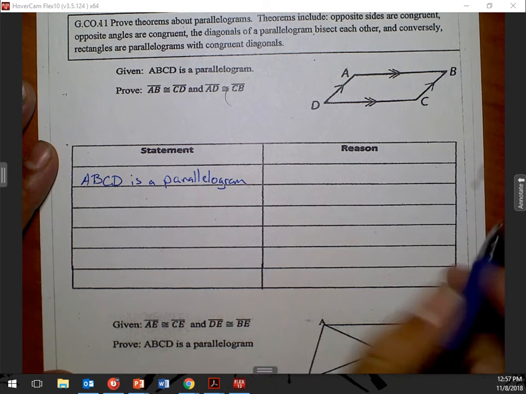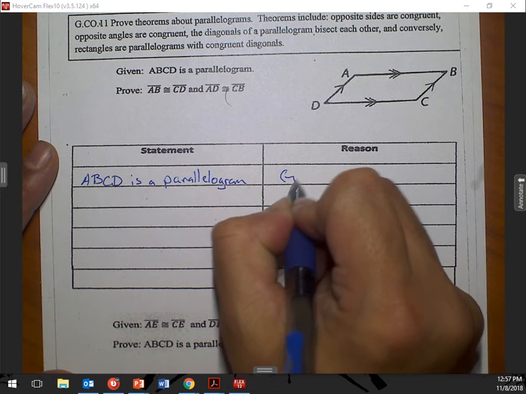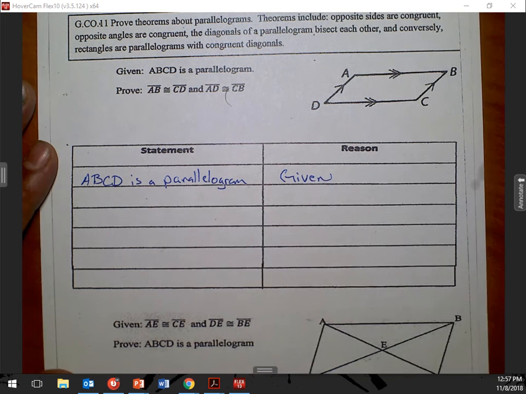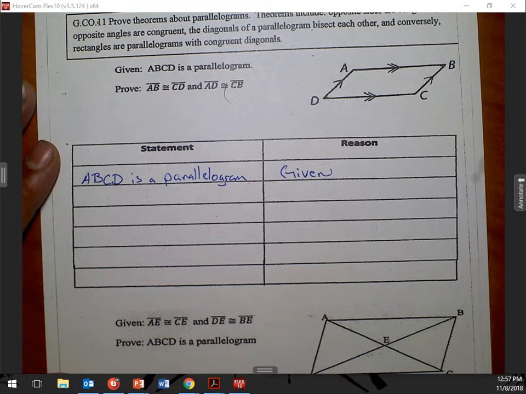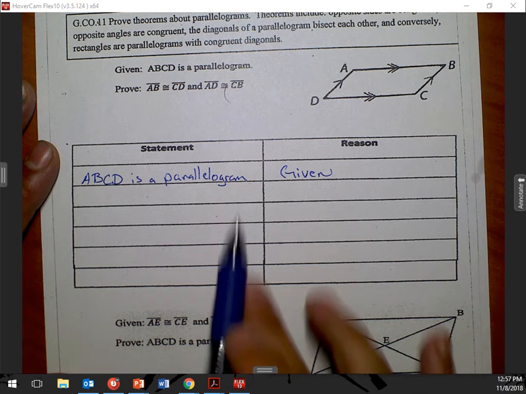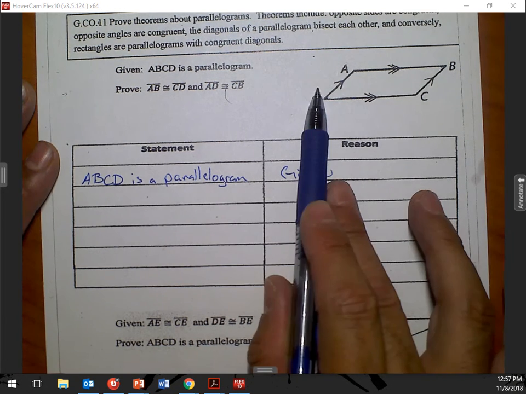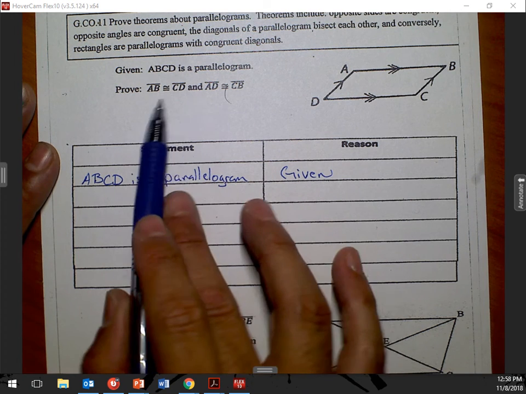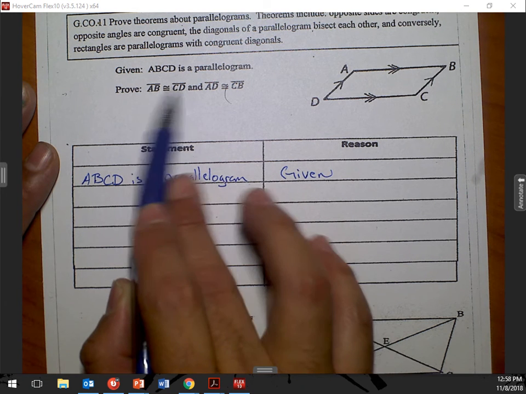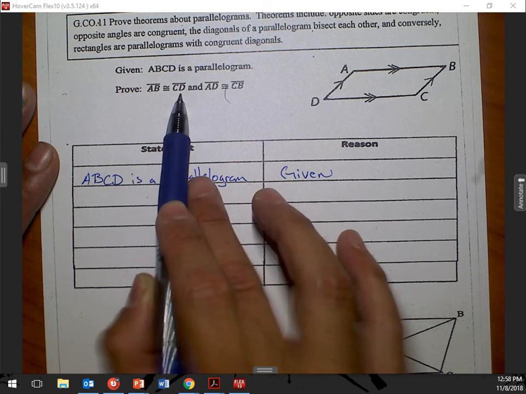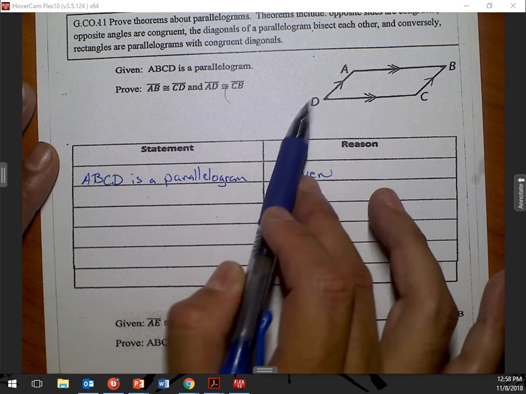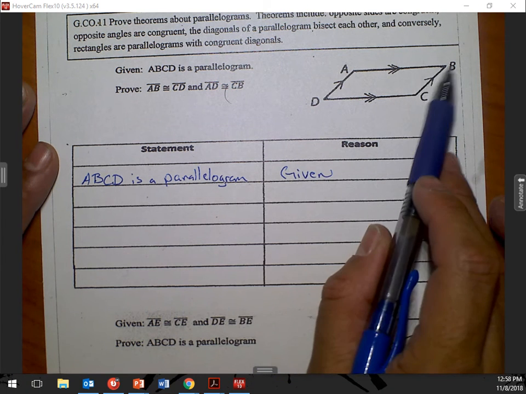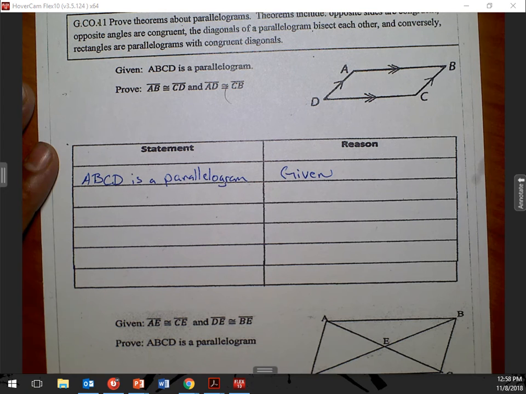And my reason? Given. Alright, so now because of that, all the rules apply. So we're trying to prove AB is congruent to CD and DA is congruent to BC.